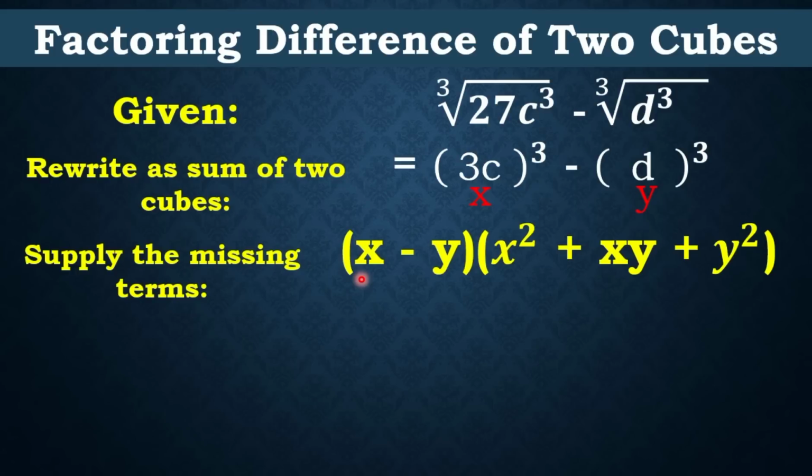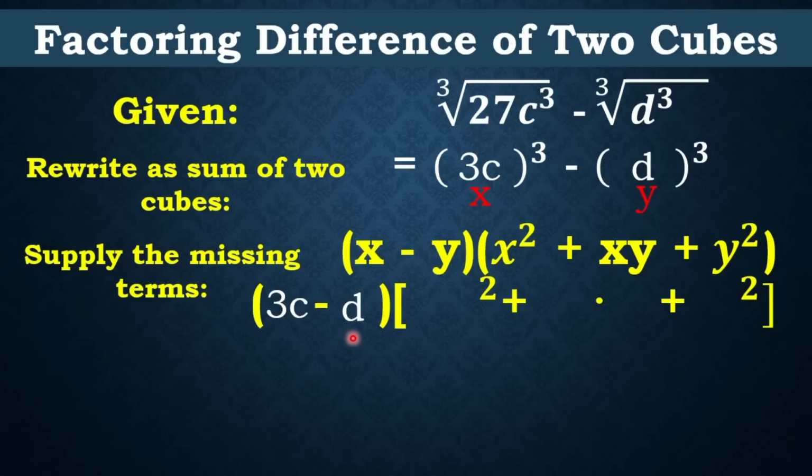So, let's apply na natin. Ano ang x mo? 3c, ang y ay d. X ulit, 3c, yung first term ulit, 3c, yung last term is d. Okay, so simplify.